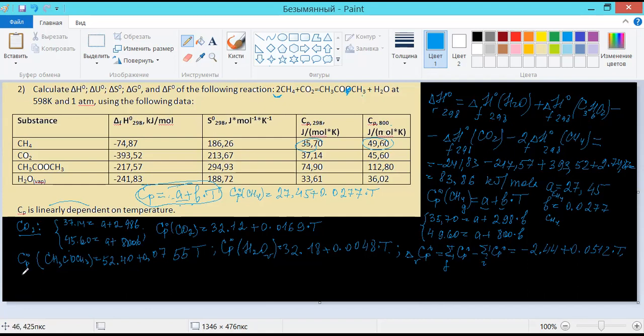Now we also can use the Kirchhoff law, its integral form. So at temperature 598 equals the integral from 298 to 598 of delta Cp for the reaction dT.